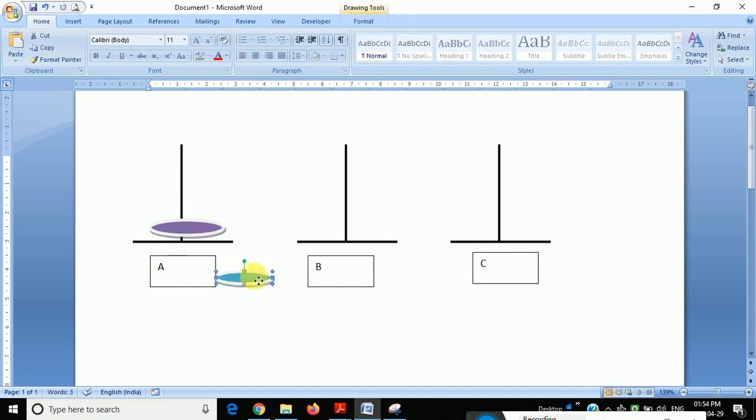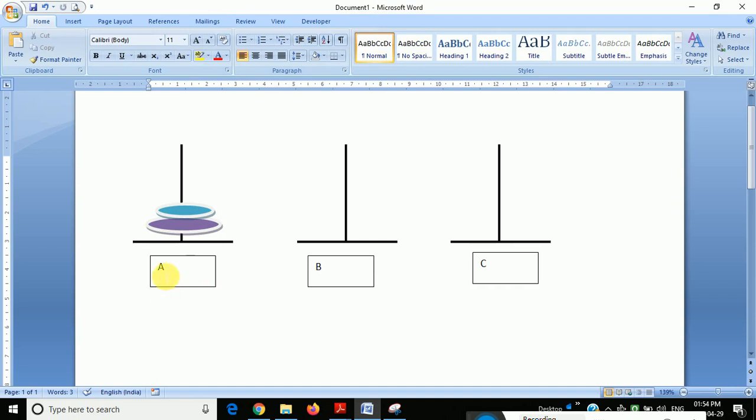Our main task is what? Two of the discs are here. Our main aim is to move these discs from A to C, such that they are in the same form, and we have to apply the rules. So now I'll solve this.